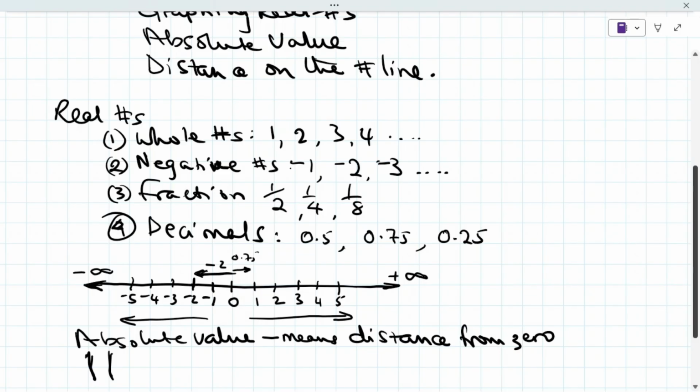In other words, if we had a number like, say, 2, we would write it as 2 between 2 straight lines like that. And that would mean the distance from 0 up to 2.